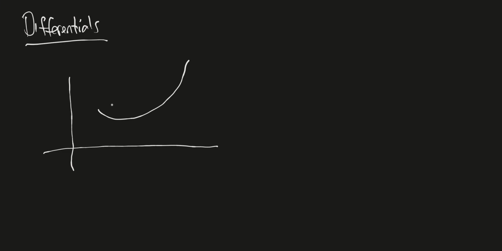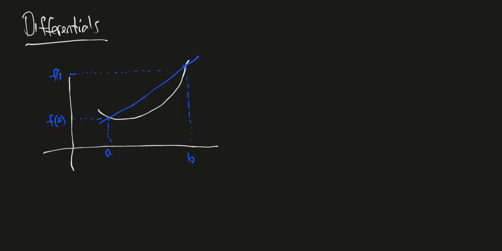So you have a curve, and the secant line is a line that passes through 2 points on that graph, right? So we have an A and we have a B, and hence an F of A and an F of B, right? And we have our secant line.